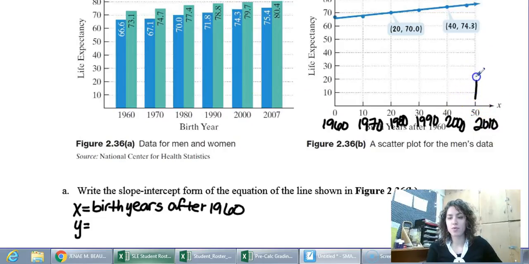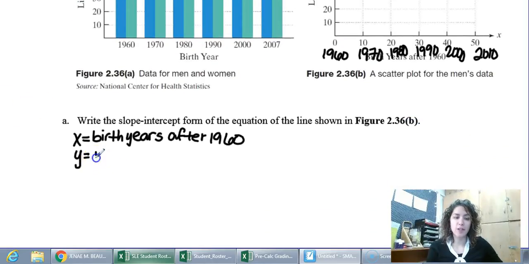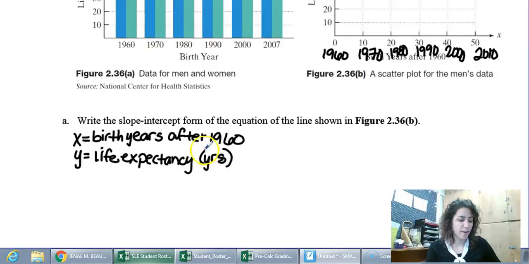But if I follow this 50 all the way up, that's not what I have data for. The data here is plotted a little bit before 2010 at 2007. My Y value represents life expectancy, measured in years. So we've defined our variables.